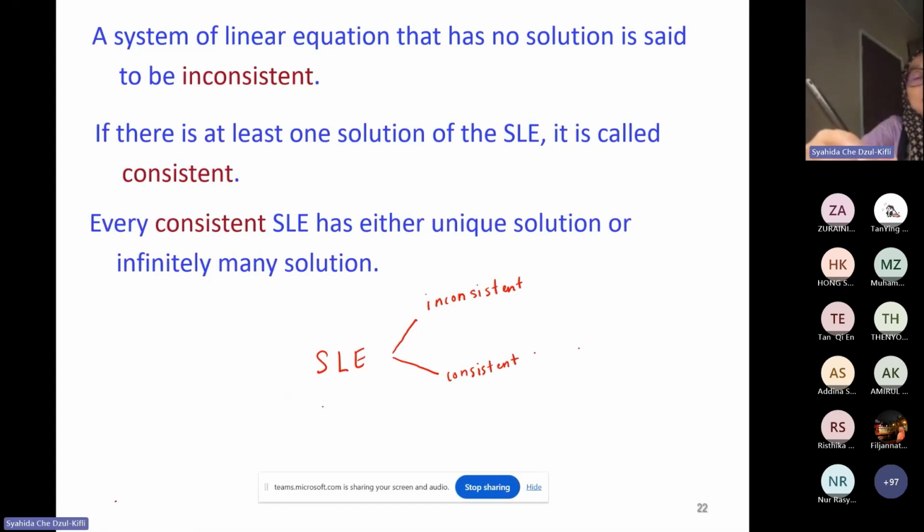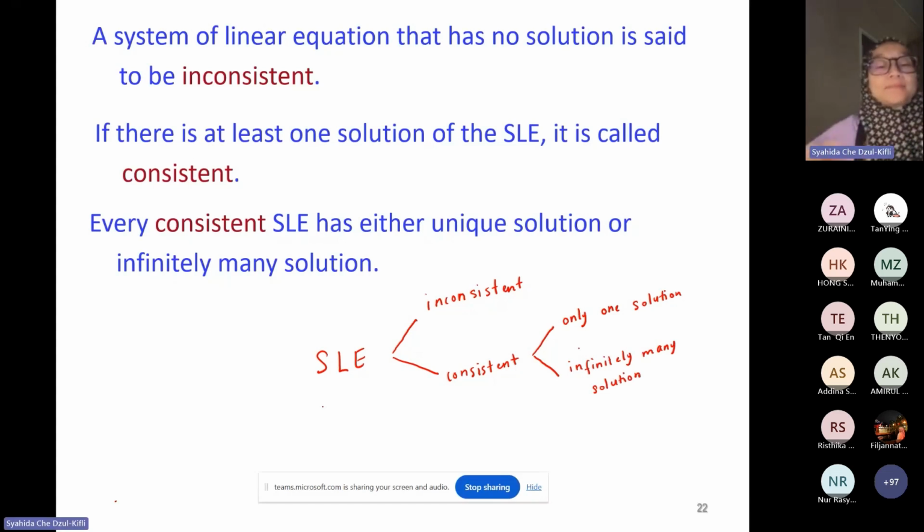If it is consistent, it either has only one solution or infinitely many solutions. Why? We are going to see that later on.